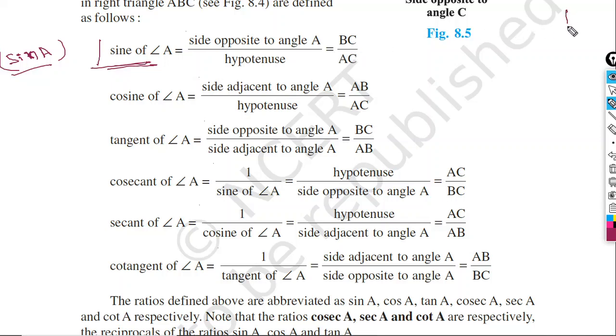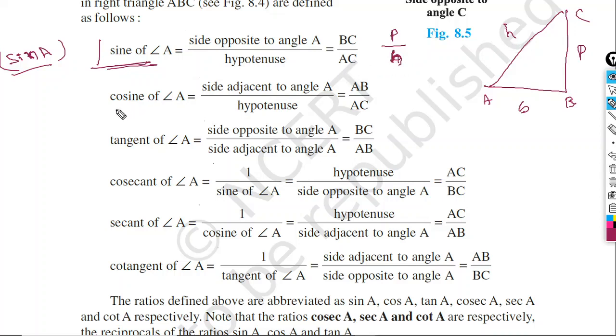We will draw the figure here again: A, B, C. This is the hypotenuse, this is the base, and this is the perpendicular. Now you say BC by AC. So here BC is P, that means perpendicular, divided by AC. AC is H.